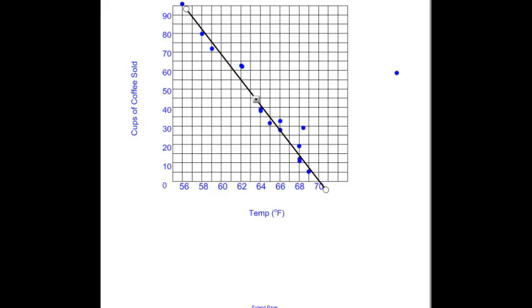So I kind of want to move it so that it would be sort of in the middle of all of my points. And then it asks, on another day it was 61 degrees. So if it's 61 degrees, we want to then estimate how many cups of coffee would be sold. So we can go up to our line and we could say, oh, maybe about 61 or 62 would be based upon my line of best fit.